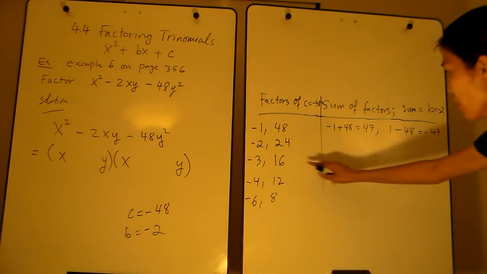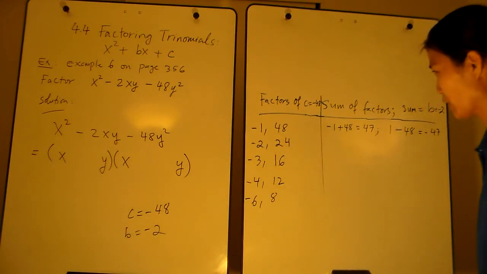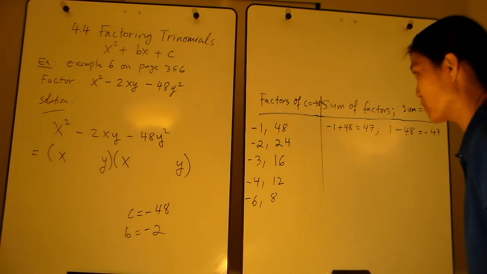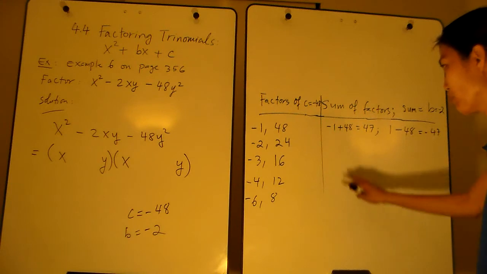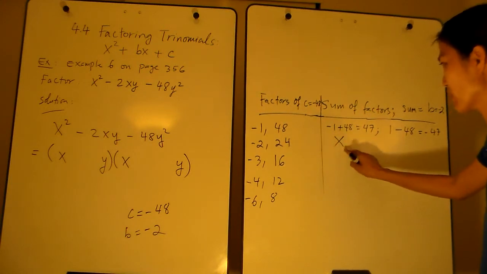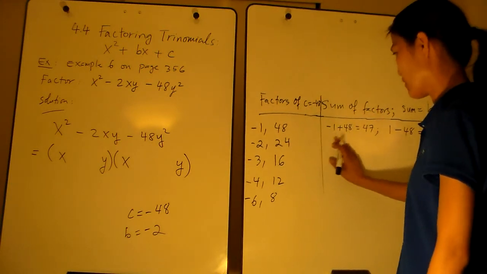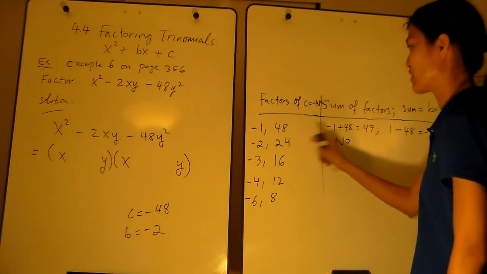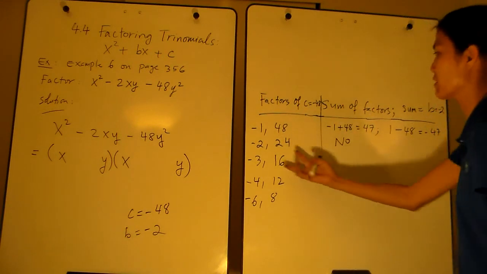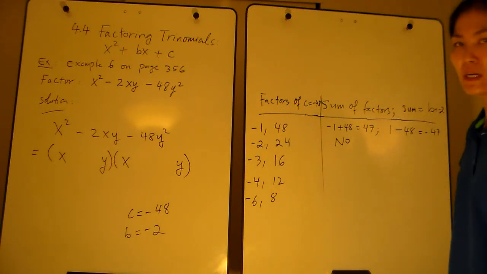Not going to happen. When you take the sum of negative 2 and 24, or 2 and negative 24, you know that's not going to happen. So I'm not going to write it. You can cross that out if you want. You can say no and skip that. You don't have to show the work. You know the sum is not going to give you b.